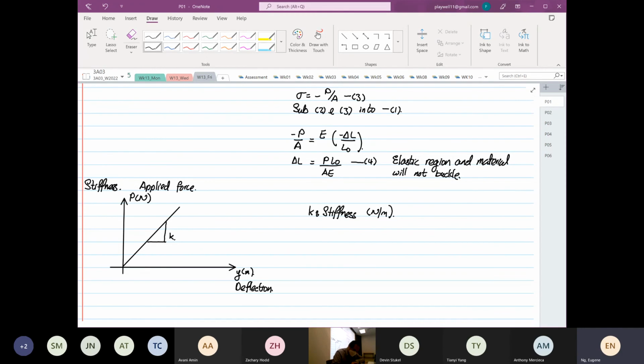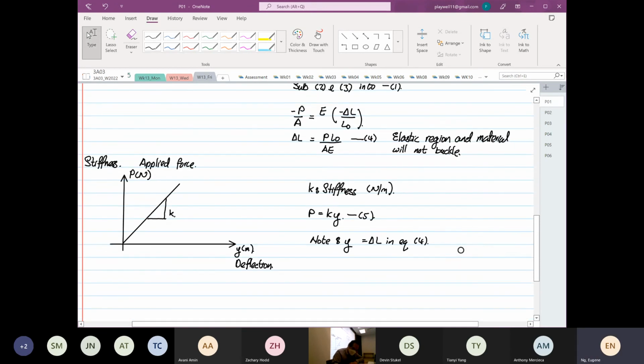So we know P is equal to k multiplied by y. Okay. So this is our equation number 5. Okay. And we want to take note that y, which is our deflection, is equal to delta L in equation number 4.